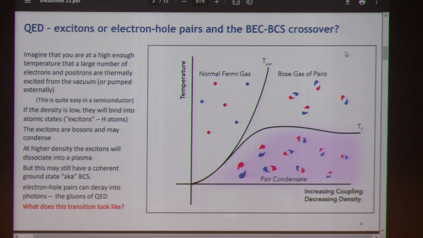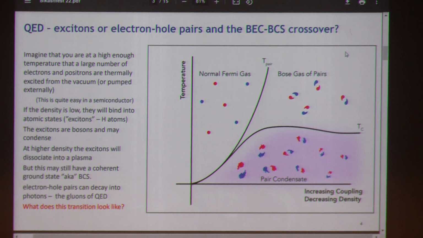If you raise the temperature, or you make the density higher, in this case the high density is on the left of the phase diagram, you might well expect those electrons and holes to dissociate into a plasma, some kind of Fermi gas. But this may well have a regime where it also has a coherent ground state, not produced out of pairs as bosons, but much more like the Bardeen-Cooper-Schrieffer ground state in a superconductor.